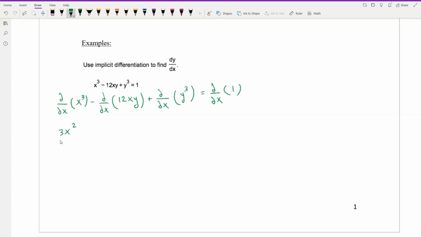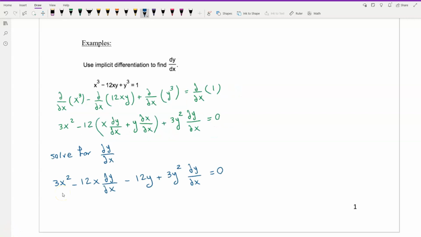Here derivative of negative 12xy is negative 12 times x times derivative of y with respect to x plus y times derivative of x with respect to x, plus derivative of y cubed with respect to x is 3y squared times derivative of y with respect to x, equal to derivative of 1 with respect to x, which is 0.